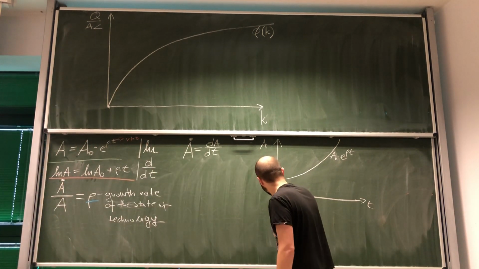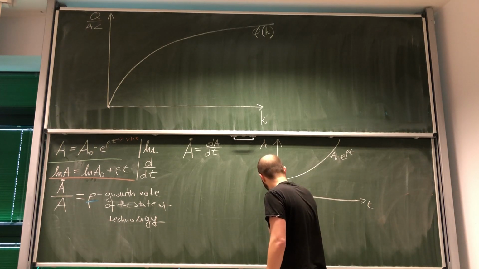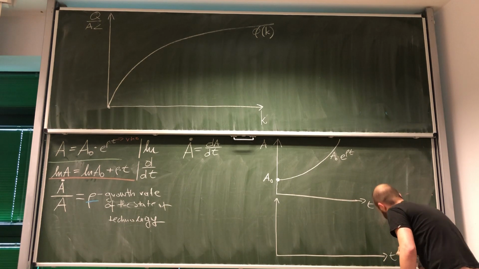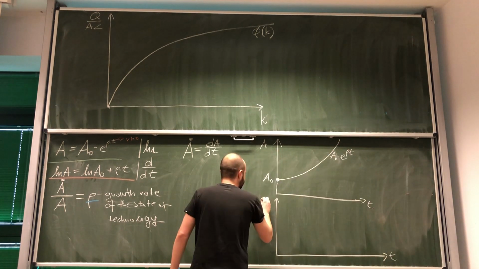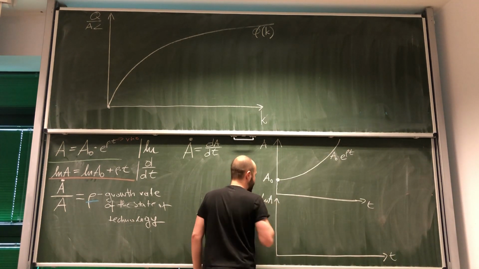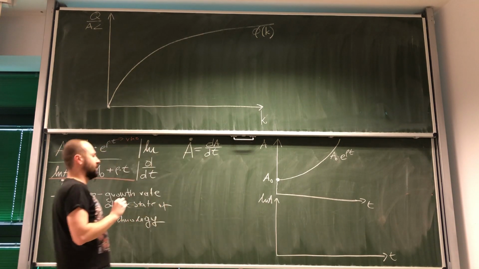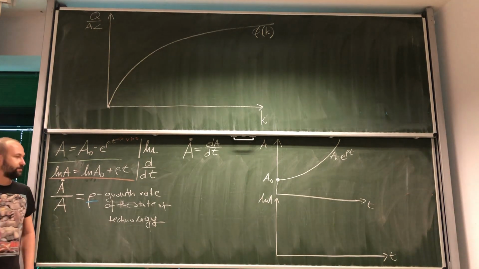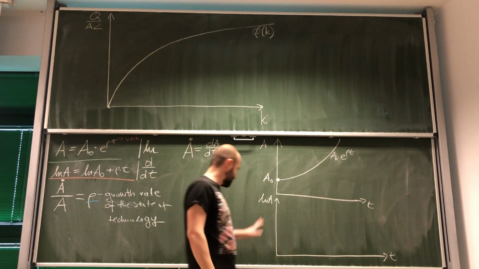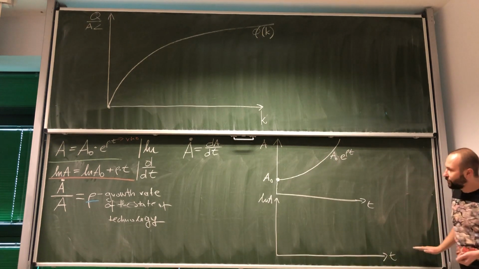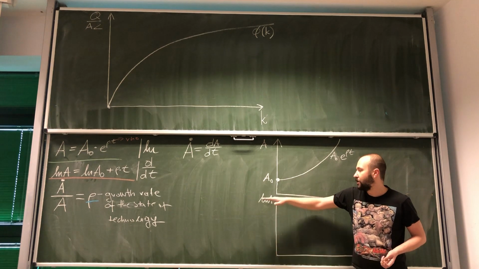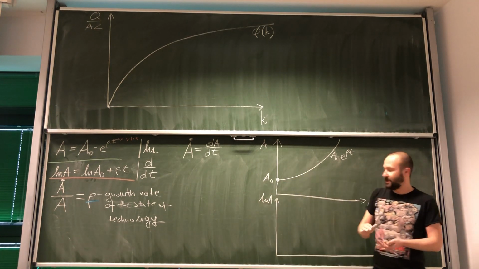It's going to be ln A. Have we seen something like this? This is a semi-logarithmic scale, because here we still have time, but here we have the natural logarithm of the state of technology.